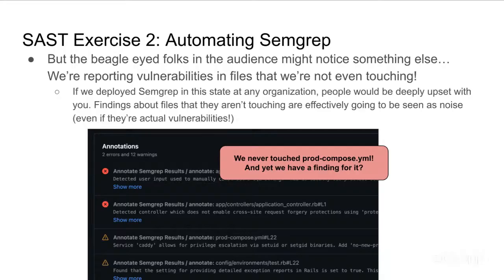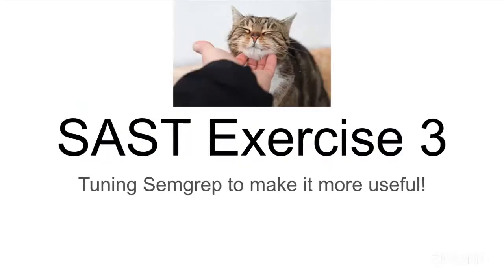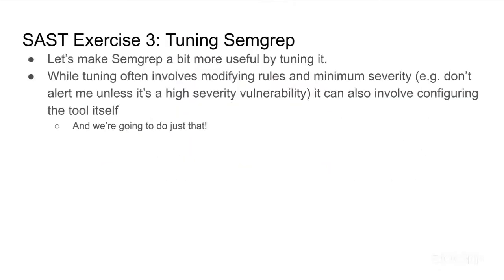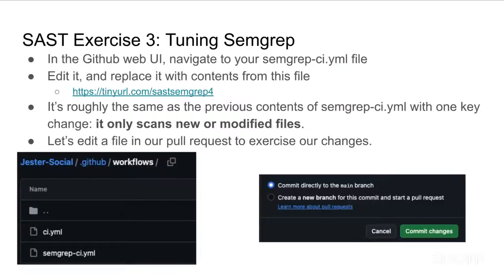You don't want to see findings in files that you didn't touch because that's work that you don't want to do. We won't get into this now for time purposes, but one of the exercises in this workshop is tuning SemGrep so that it only looks at specific files that you've touched. This saves on resources and also makes it easier for a developer to not have to look at each individual file that they didn't even touch.